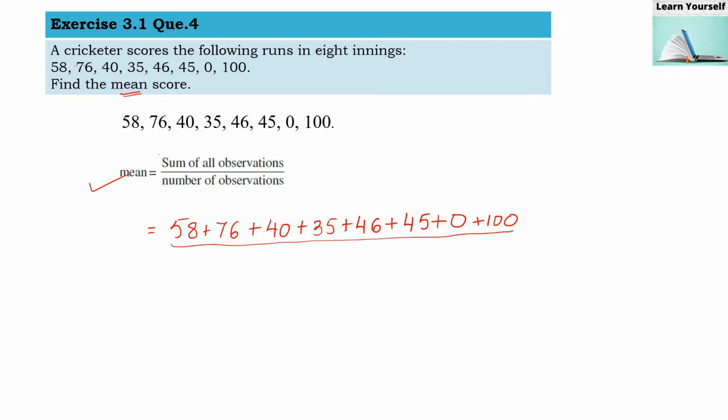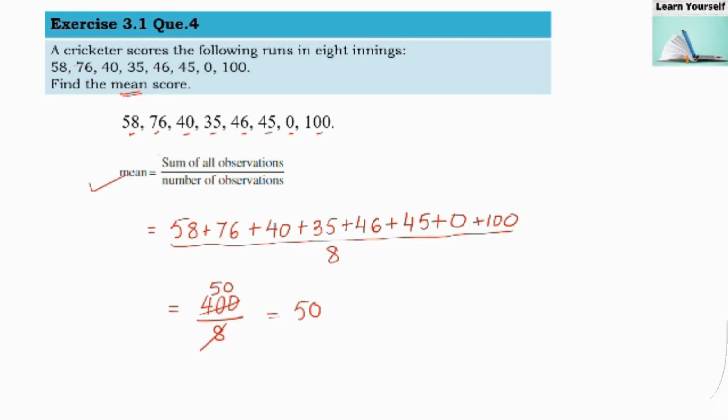How many observations are there? 8 observations are there, and 0 also we are counting as one of the observations. So addition of all these numbers will give us 400 divided by 8. Now 8 5s are 40, so here 5, and then we add 0 at the back because it is 400. So arithmetic mean of this observation is 50.